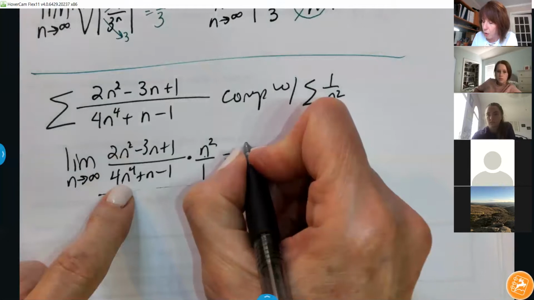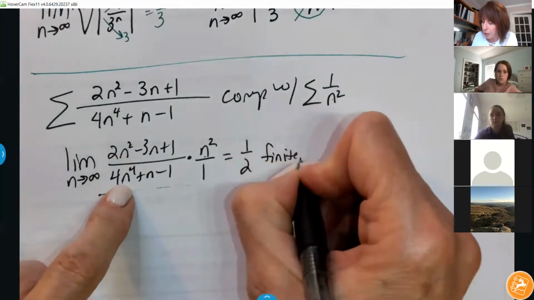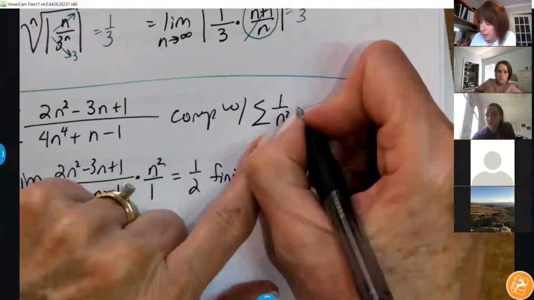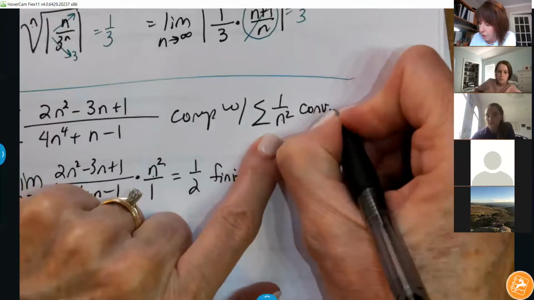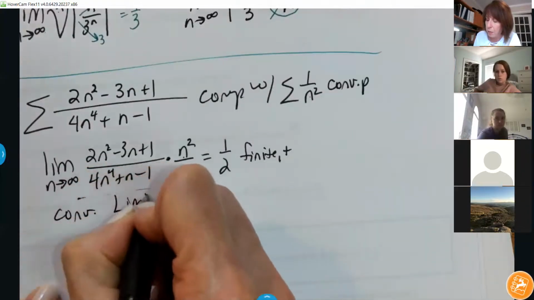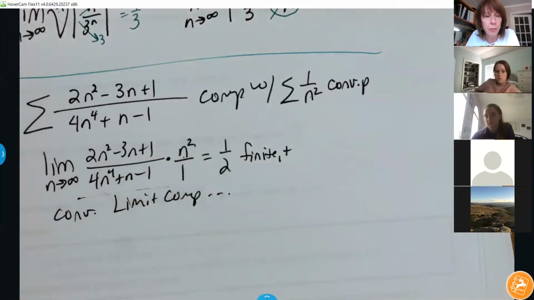So this is 2 over 4, or 1/2, which is finite and positive. So we do whatever this does, and this was a converging P. So this converges by limit comp with 1 over n squared.